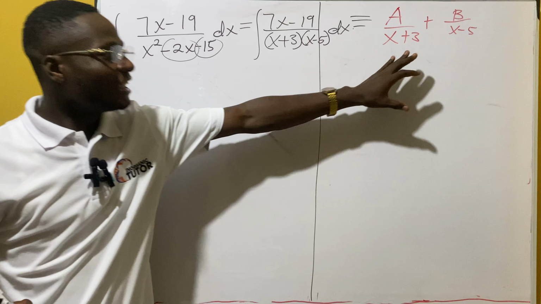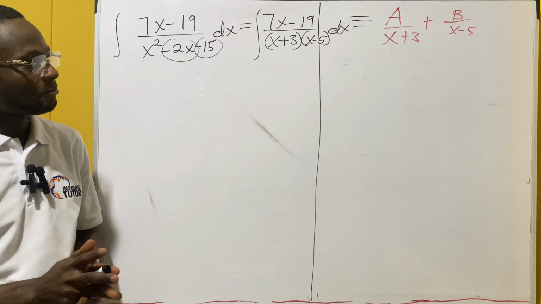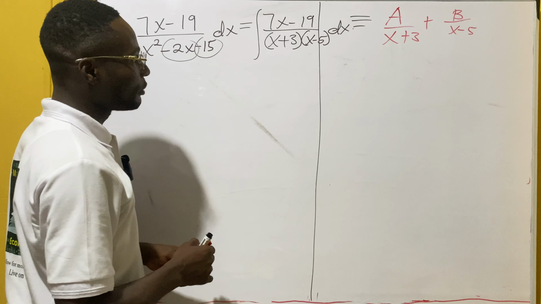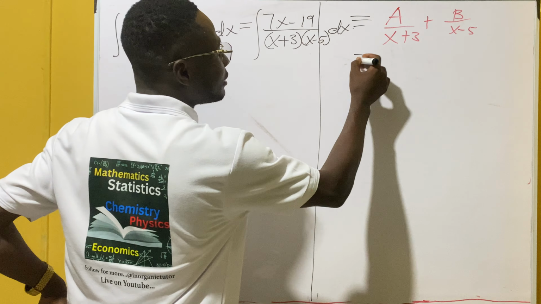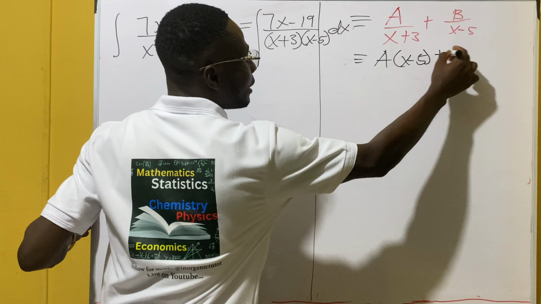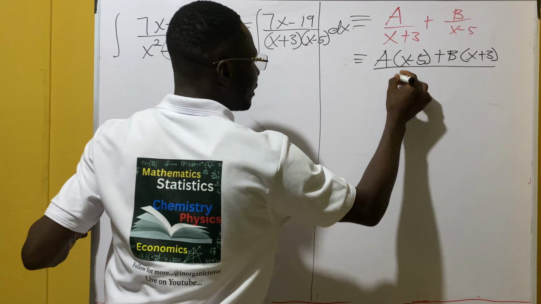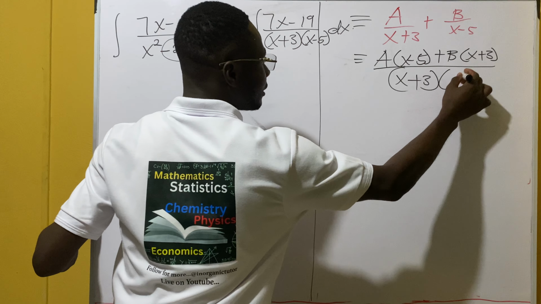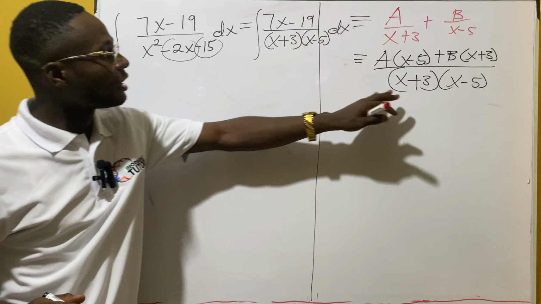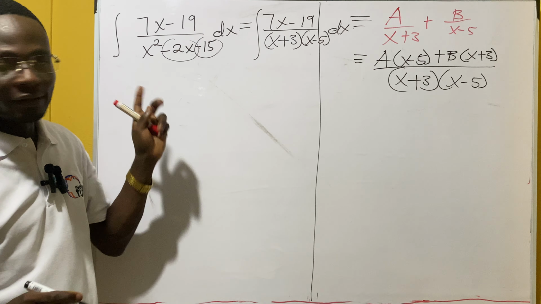This right here, we can now go ahead and solve for A and B. So when we do that, we're going to have A into x minus 5 plus B into x plus 3, all over x plus 3 times x minus 5. Once we have all the denominators to be the same, then we can equate the numerators.